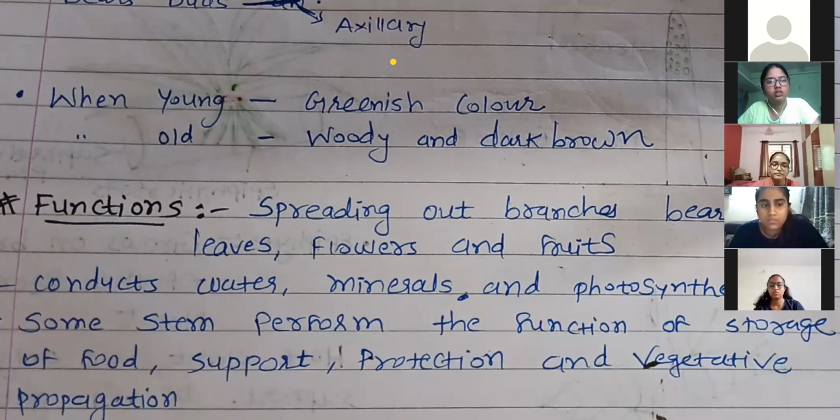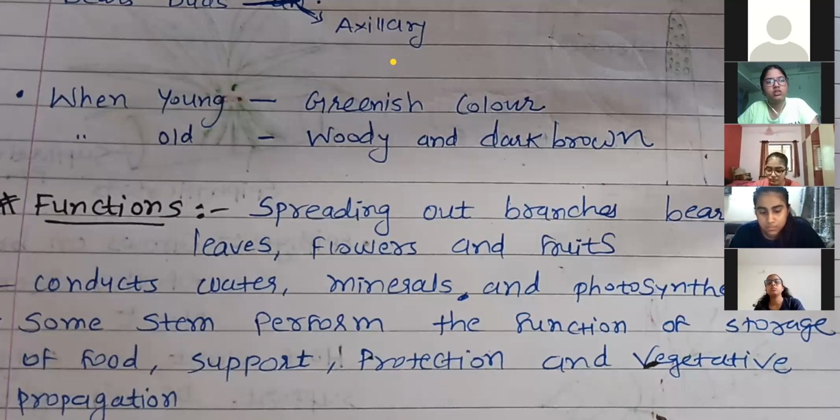On each plant, branches are spread in such a way that each and every leaf gets a sufficient amount of sunlight. Because on some trees very small leaves are there, on some medium-sized leaves, and on others very large, huge leaves.